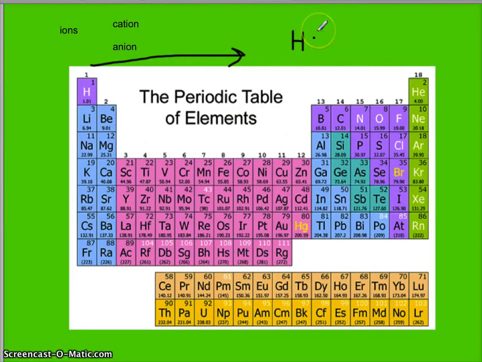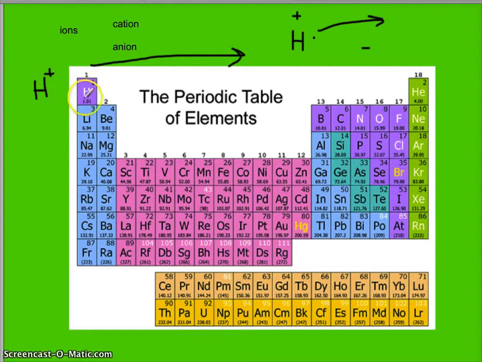And since it has just one, it wants to let that electron fly away. Now when that electron flies away, it loses the charge of the electron. All the electrons have a charge of -1. So what's left in the hydrogen is just that one positive that is inside the nucleus in the proton. So if you have a hydrogen ion, you would put it as hydrogen and you'd put a plus here.